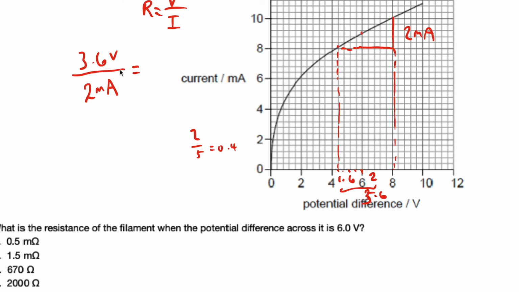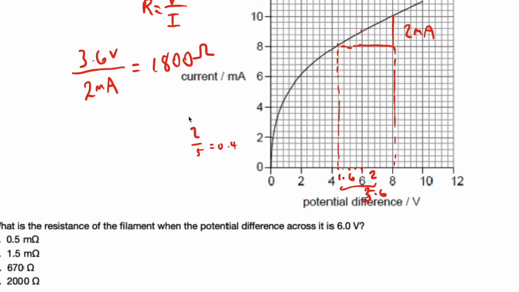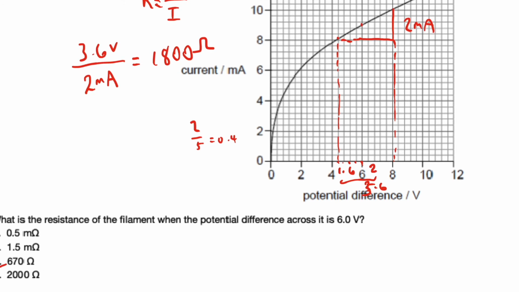So convert 2 milliampere to amperes, 3.6 volt over that, which is 1,800 ohm. So the closest answer will be D.